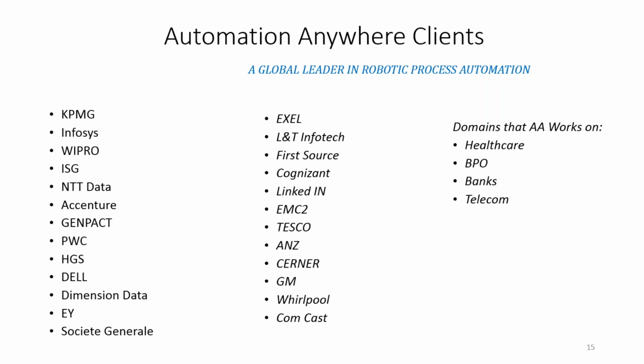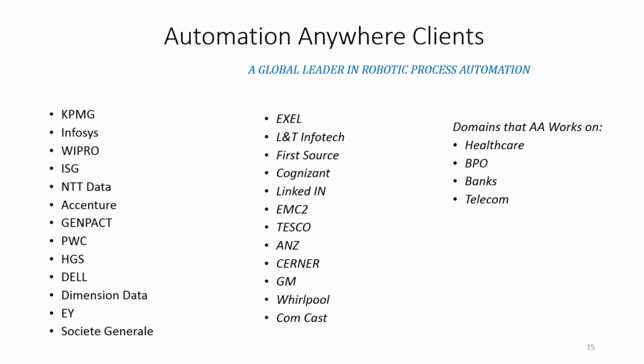So if you are planning to switch jobs, just learn automation in your tool and go for the best, you can get the best pay. Any kind of company, even LinkedIn, Cognizant, L&T, Whirlpool, ANZ, Tesco, Citigroup, everyone is entering the RPA domain. So if you want to switch jobs, it is the best time.